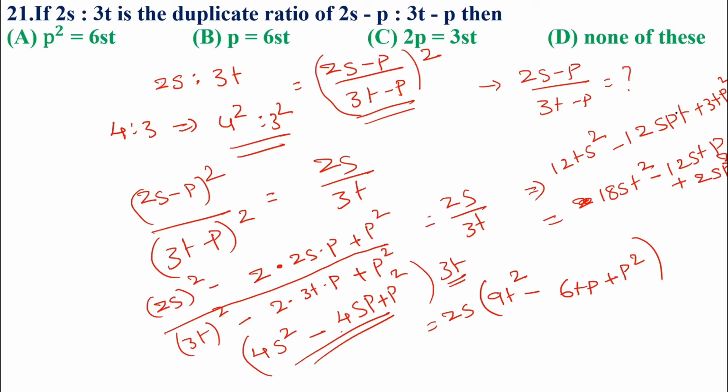If you take this one, minus 12STP and minus 12STP cancel.